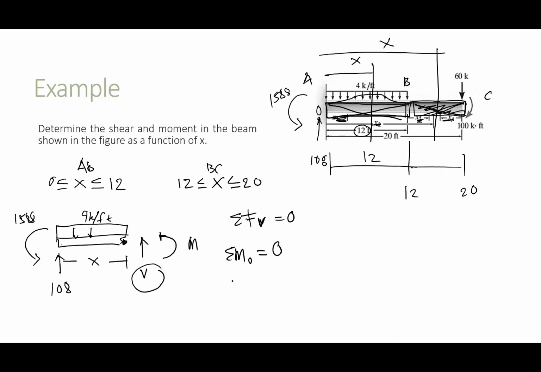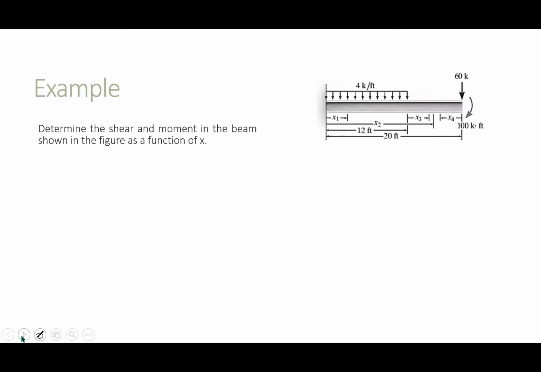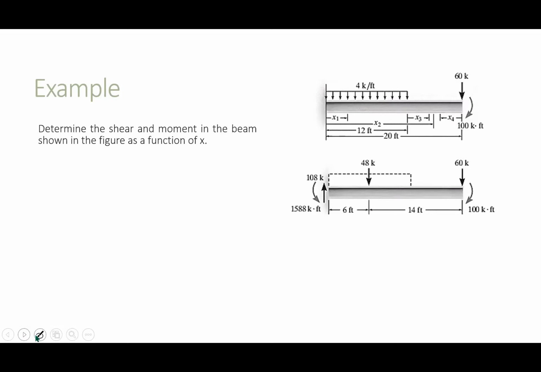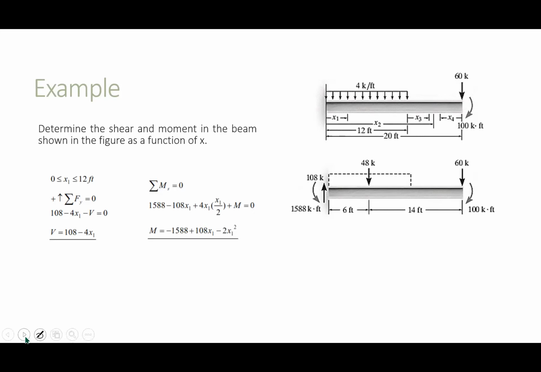Makukuha mo yung moment in terms of X. So, pakita na lang natin. So, yan na. Ito yung tapos 0 to 12. Ito yung V natin. Ito naman yung M. Now, for 12 to 20, ito naman yung shear, tapos ito naman yung moment.